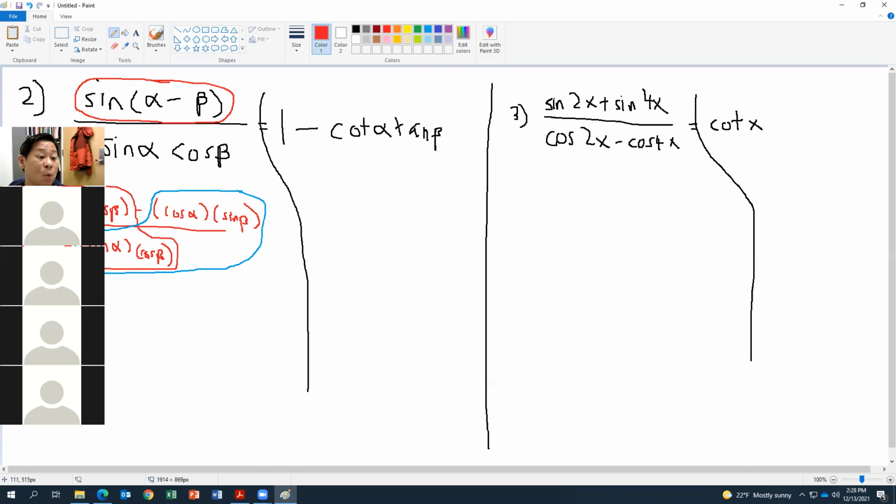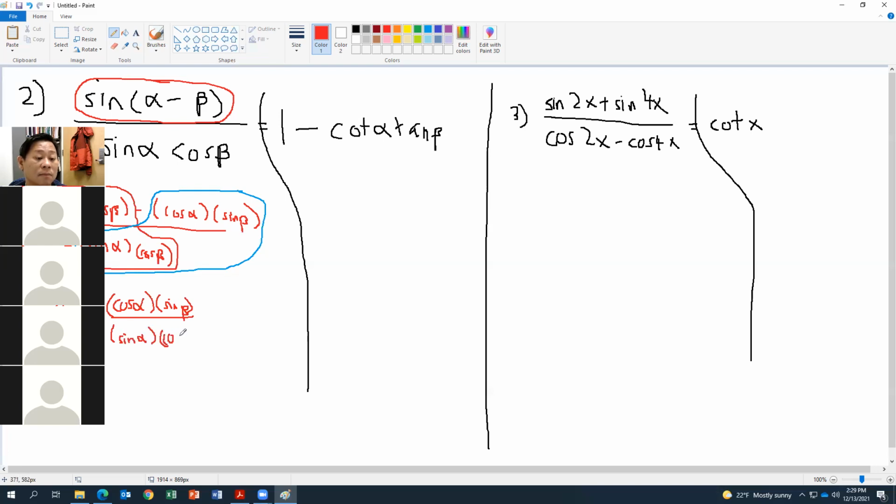That's why you get the 1 here. And then this side, you still get the cosine alpha times sine beta over sine alpha cosine beta.